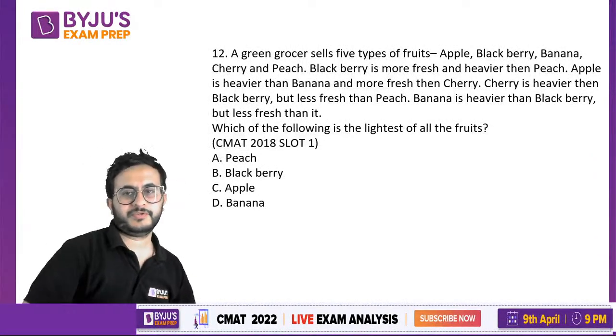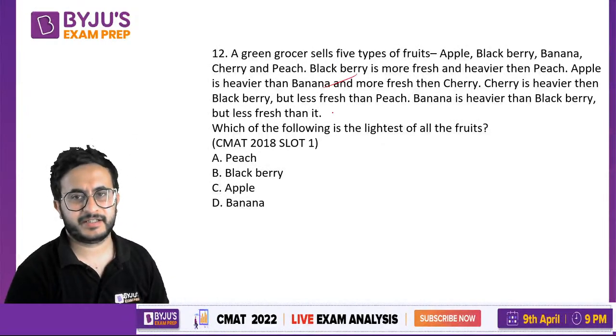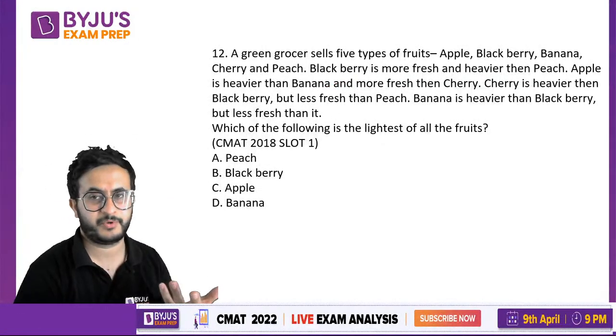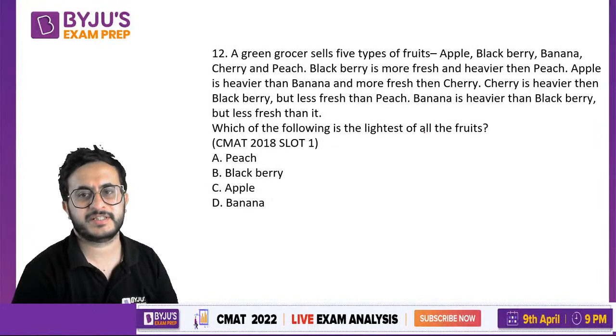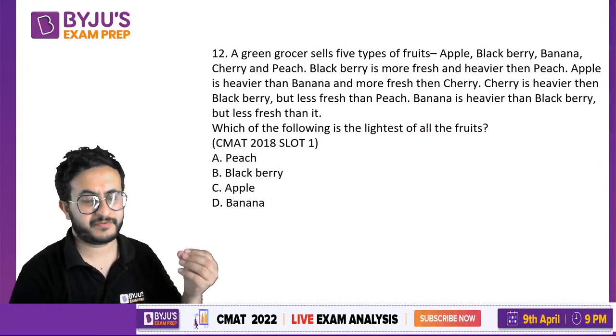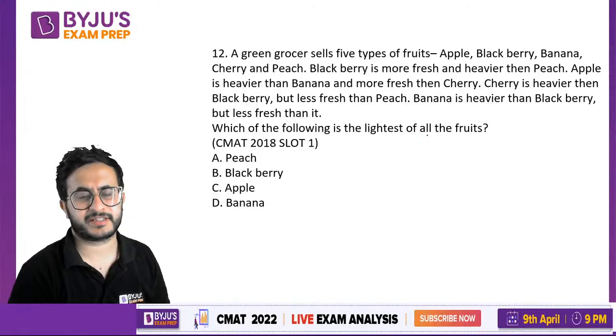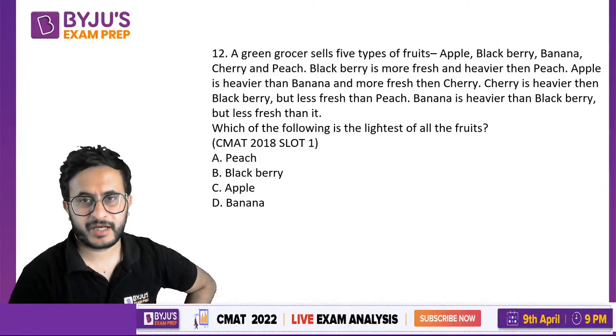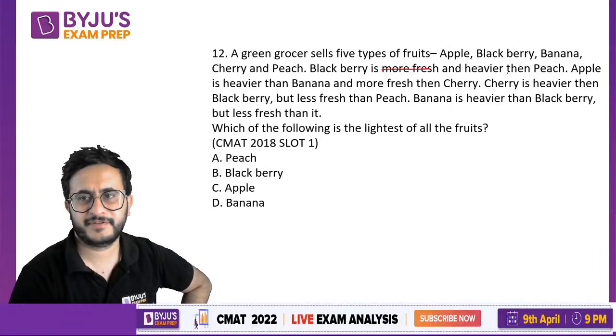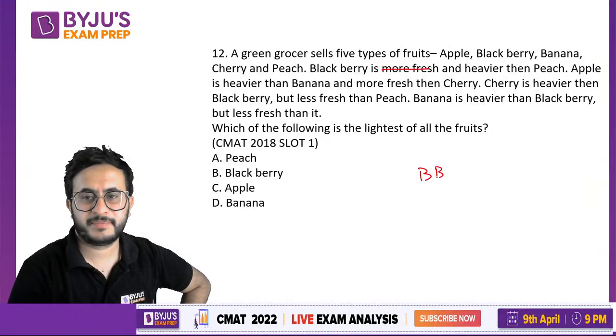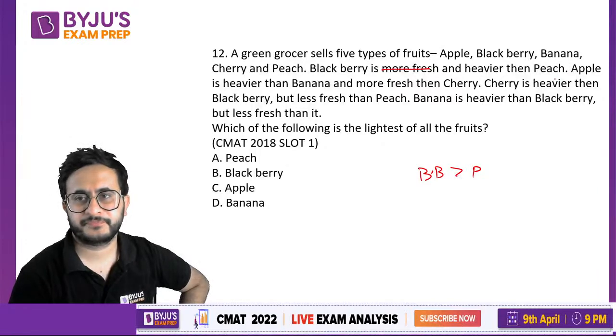So it talks about freshness and weight, right? You do not have to worry about freshness because the ultimate question is the lightest of all fruits. So whenever you get a question, you should read what it is asking. We need to find the lightest. Blackberry is fresh, remove that. Blackberry is heavier than peach. Apple is heavier than banana.